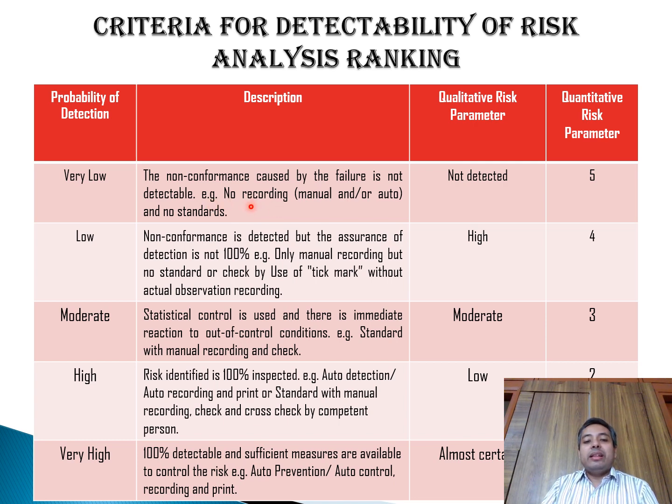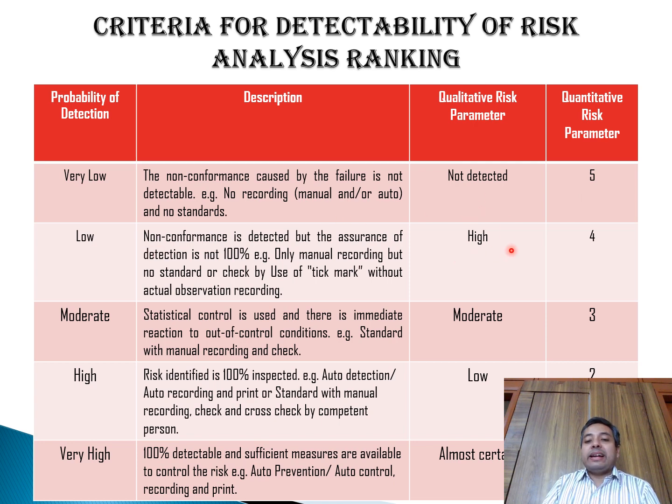For example, if the system has no criteria or no process to record either manually or in automatic mode, and if there is no standard or standard operating procedure available, then such a system has no capability to detect the failure, and such a system can be given the score of 5.